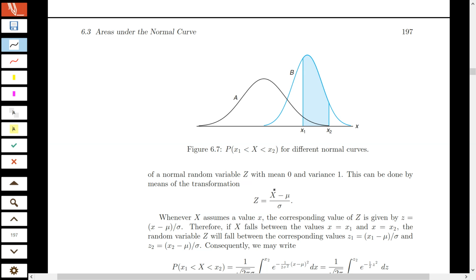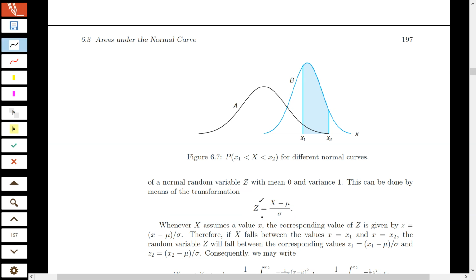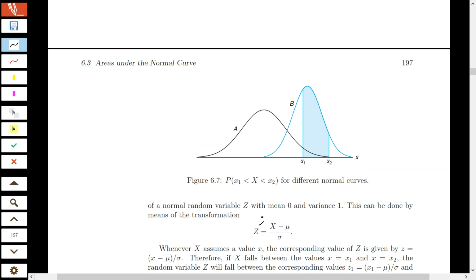So here, if we have a random variable x, all we need to do is subtract the mean from it and then divide by the standard deviation, and you get a new random variable. That is called a standardized random variable because this random variable z will be standard. In which sense? Let me ask you, what is the expected value of this thing, x minus mu over sigma?